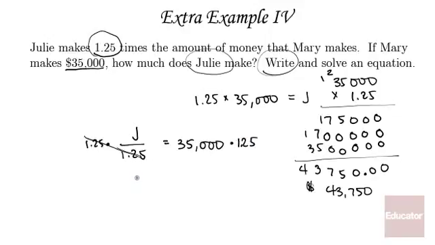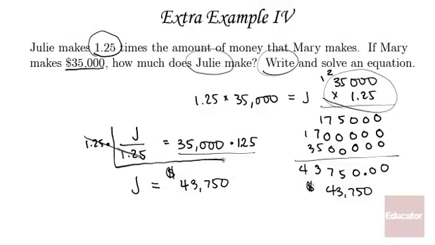And those cancel, and we've isolated J. And here you can see, luckily, we've already done the multiplication, 35,000 times 1.25. And our answer is, when we multiply, 43,750. So we've written the equation, J divided by 1.25 equals $35,000, Mary's amount. And we've solved the equation.